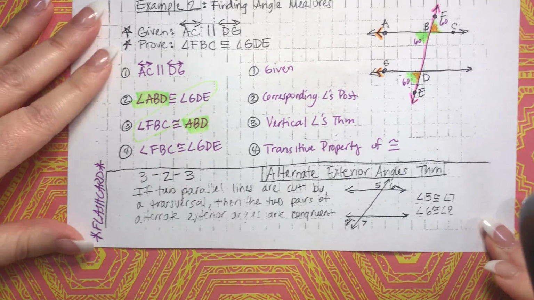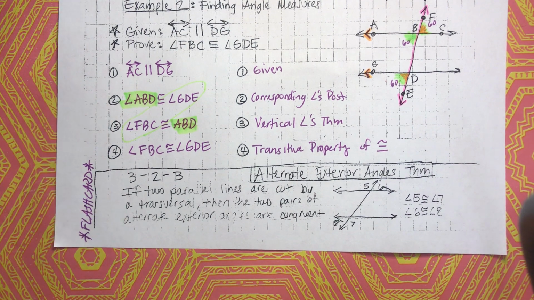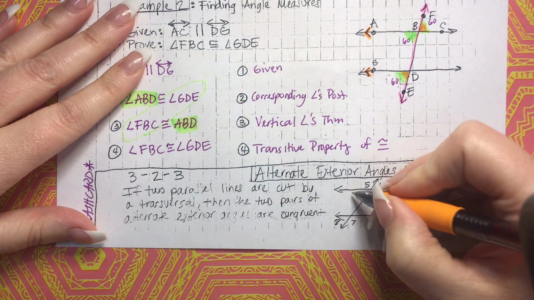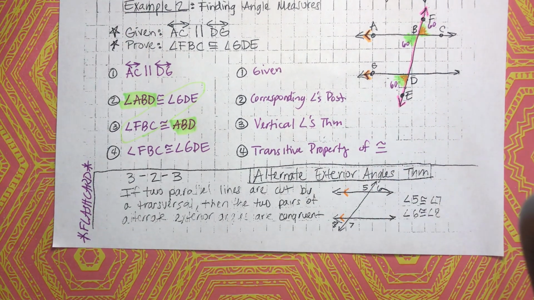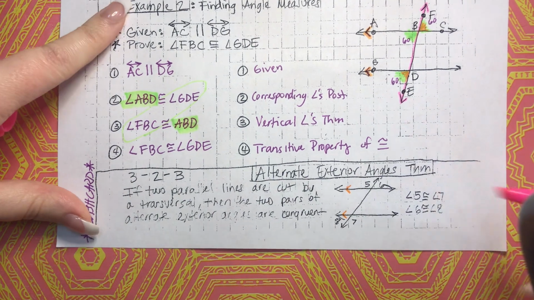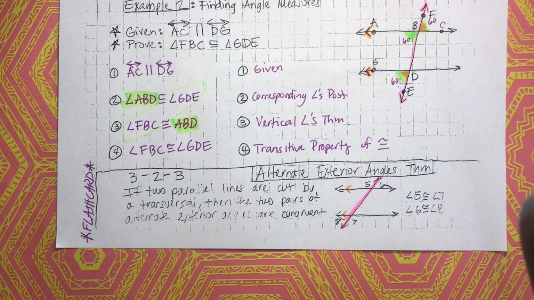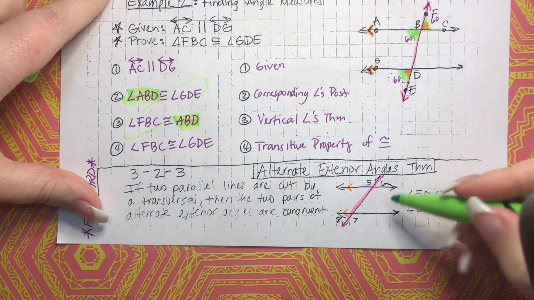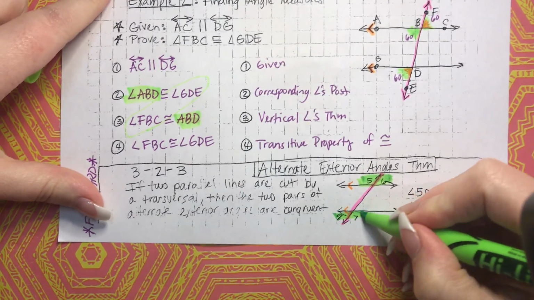The alternate exterior angles theorem states if you have two parallel lines, so here's one parallel line, here's another parallel line, and they are cut by a transversal, then the two pairs of alternate exterior angles are congruent. So the exterior angles for these two parallel lines would be these two angles here and these two angles here.